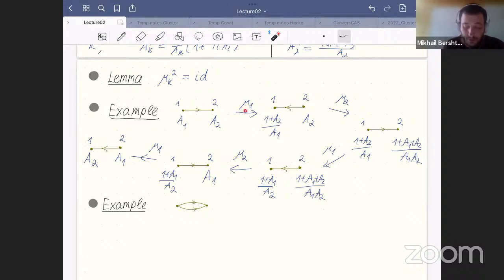The composition of 5 mutations gives us the same variables as at the beginning, but up to reversing orientation. In particular, if we compute 5 more mutations, we get exactly our starting quiver. And in this case, there is no other direction. This is all we can get from the start.